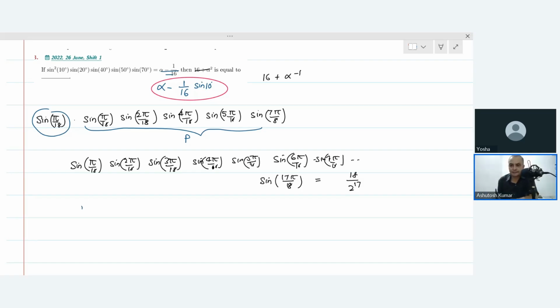So I'm writing this as sine of pi by 18, 2 pi by 18, up to sine 8 pi by 18, and the square of it is equal to 18 by 2 to the power 17, which is nothing but 9 by 2 to the power 16.